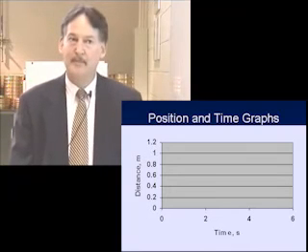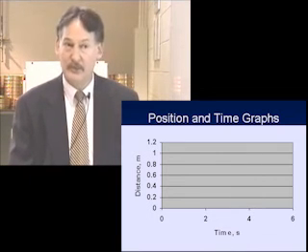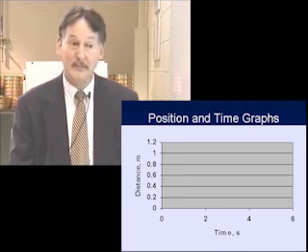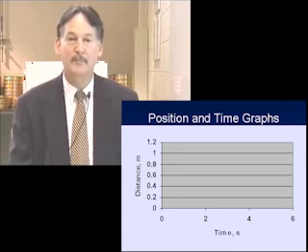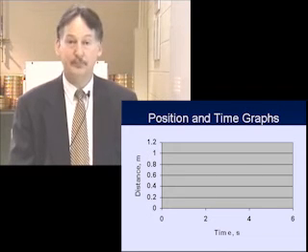In your textbook, there is a graph, such as the one shown here, and some data just above that graph. You'll notice it says time on one column and position or distance on another column.